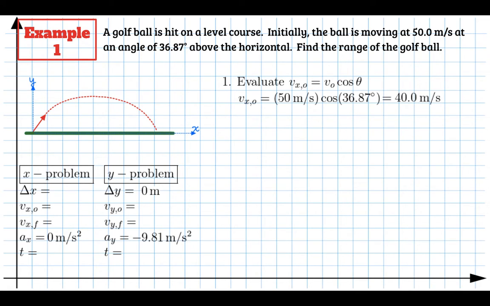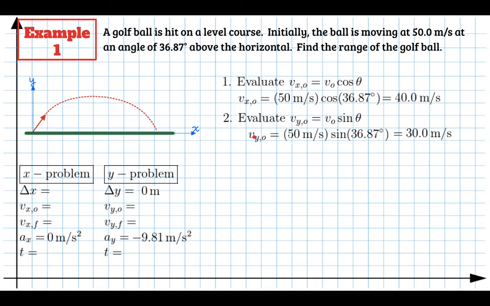This is the example we did previously. The horizontal velocity is 40 meters per second. In the y direction, I can find the initial velocity, and that's v0 sine theta. So I plug in the initial velocity times the sine of the angle, and that's 30.